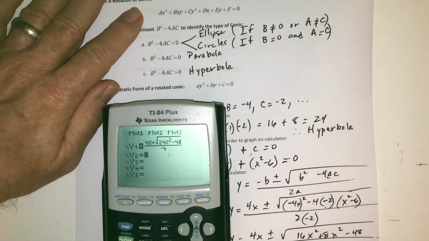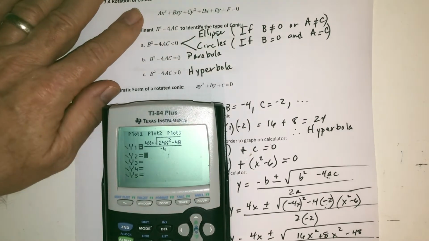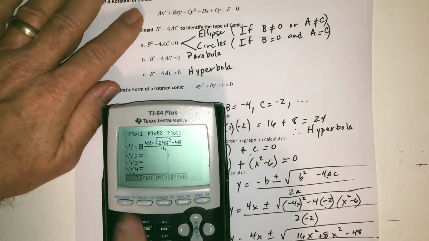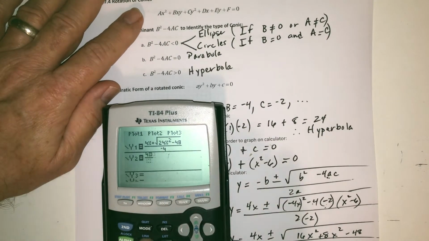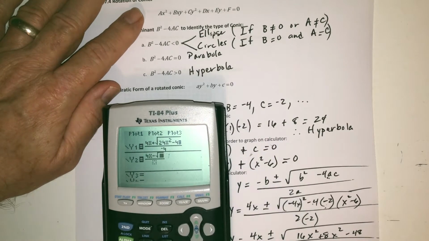So there's the first part, and I'll go ahead and graph the other part as well. It is also a fraction, but we're going to take 4x and subtract the square root of 24x squared minus 48 before we divide that by negative 4.